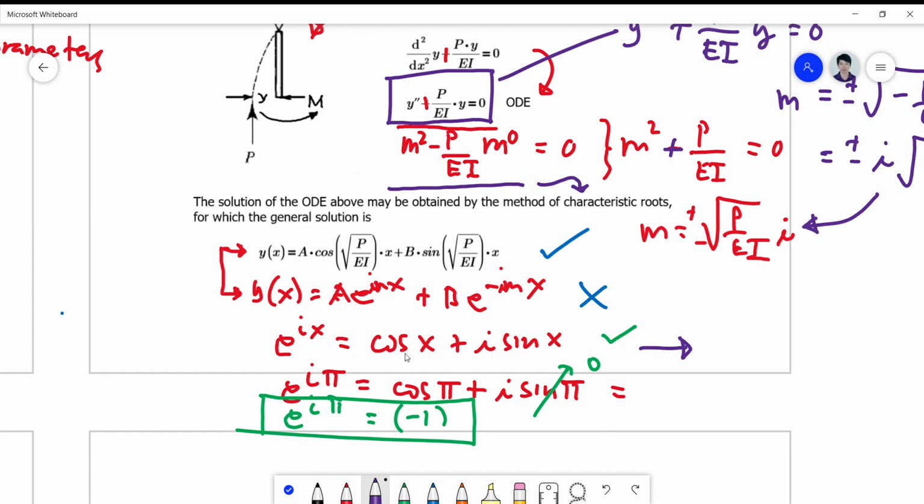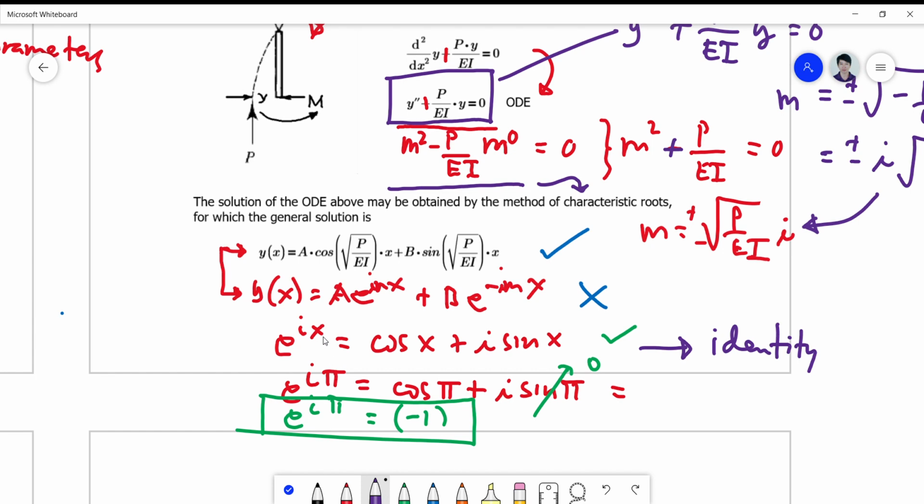Okay, this is an identity that relates the exponential number e to your trigonometric cosine and sine. So the proof of such may be derived by simply taking note that x is an angle assumed to be pi.